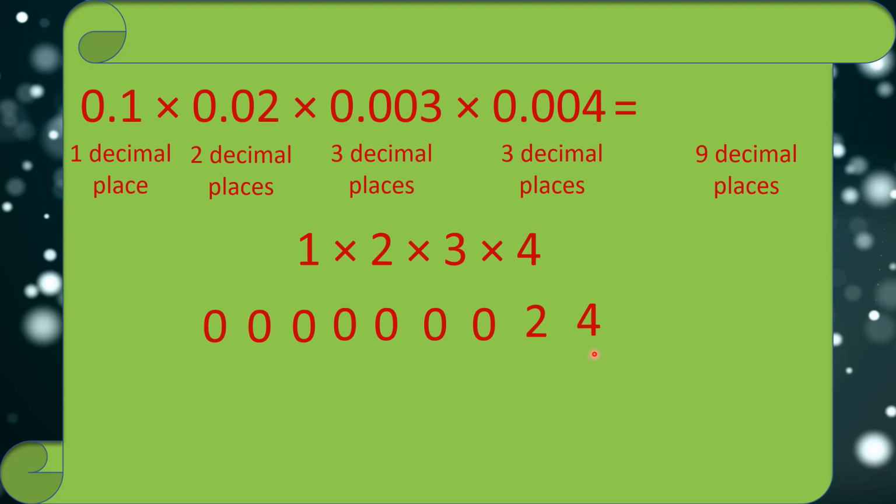Now count the places 1, 2, 3, 4, 5, 6, 7, 8, 9. 9 places. Now we will put decimal here and we will put 1 0. So our answer is 0.00000024 and it has 9 decimal places. It is our final answer. Very easy to do.